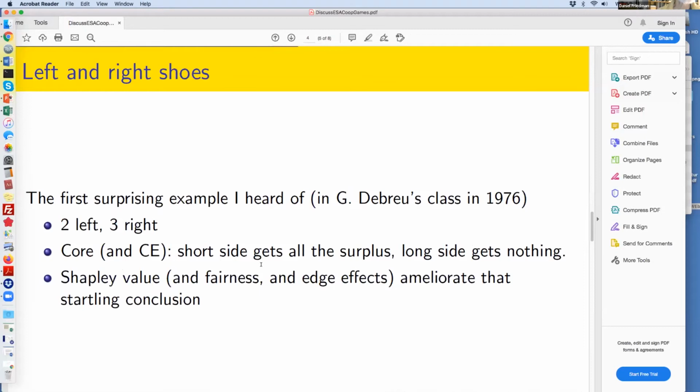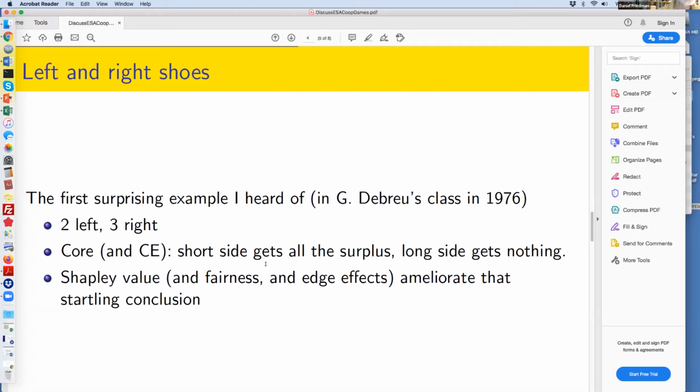Now, Ailin looked at a particular cooperative game, and it's a famous one, and it was the most surprising example that I heard of. So I think it's a good place to start. Sometimes it's called left shoe, right shoe, or left glove, right glove. I mean, buyer seller is just another name for it. The point is that there are indivisibilities and extreme complementarities. Think of it in terms of shoes. Everybody has one shoe, and two of them are left shoes and three of them are right shoes, the value is in a pair of shoes, okay?